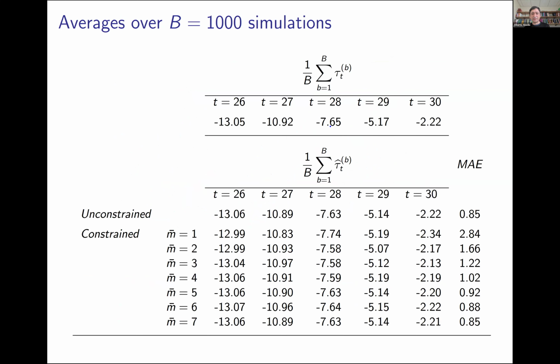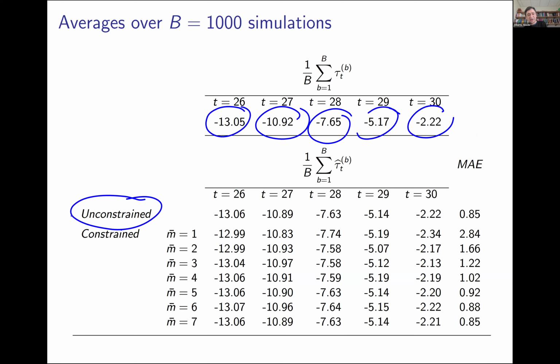Okay, in terms of what happens across many simulations, here we have the values of the treatment effect in the population for the 5 experimental periods, and we have our estimators. This is the unconstrained case in which we can use any number of treated units to calculate the synthetic treated, and this is the constrained case in which we are only using 1 unit for the treated, only 2 units are treated, only 3 units are treated, and so on.